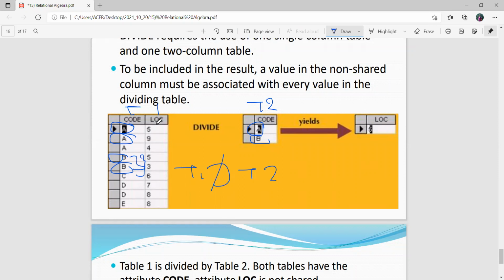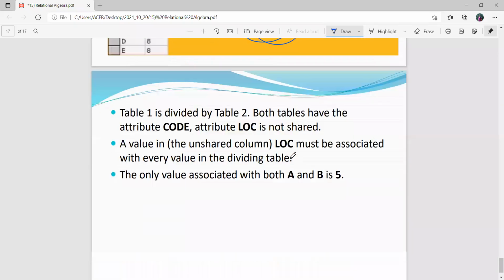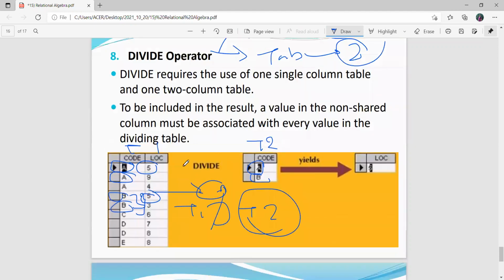In both cases, you can see A is not the common one, so the output is equal to the common values for both records in the table T2. Table 1 is divided by table T2. Both values have the attribute code. Then the attribute LOC is not shared. So you can see the only value associated with both A and B is 5. So the output is 5.